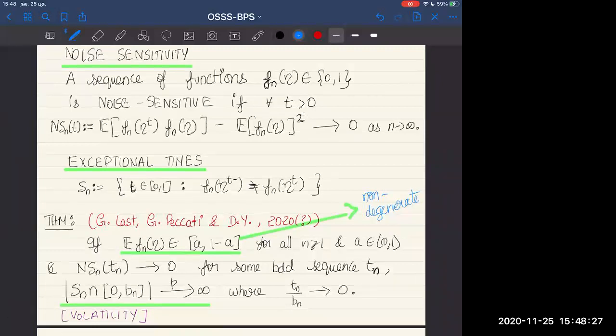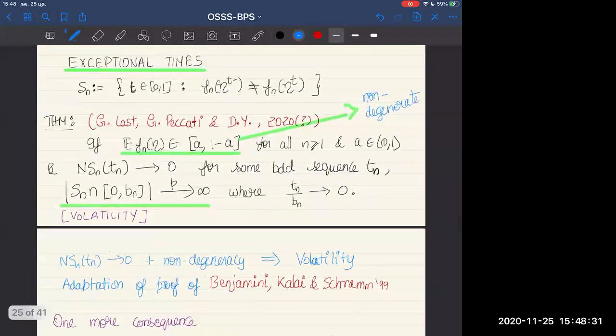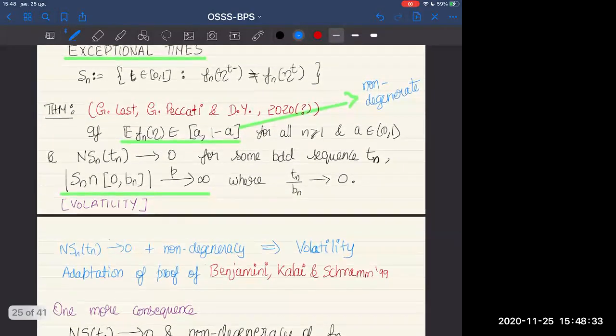That is, you have infinitely many fluctuations even in a small interval. So all we have said is that noise sensitivity at scale Tn plus non-degeneracy implies volatility. This is an argument of Benjamini, Kalai, and Schramm proven for critical percolation, but the same argument can be adapted for more general settings. And this is what we do here.